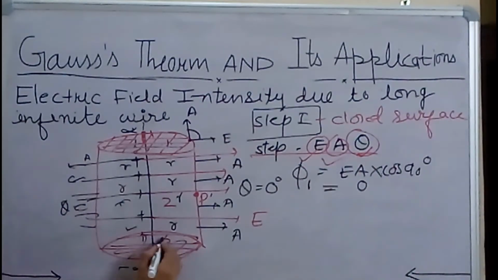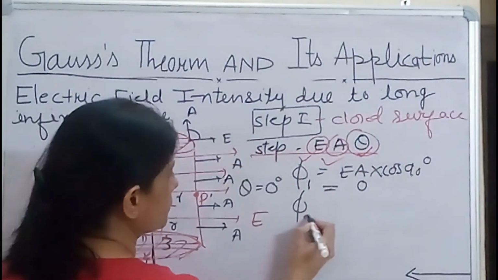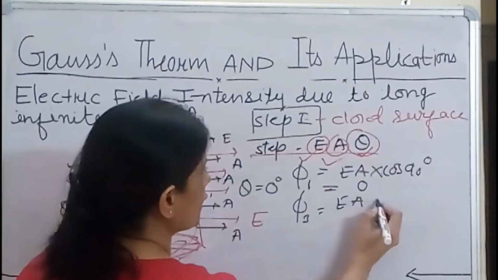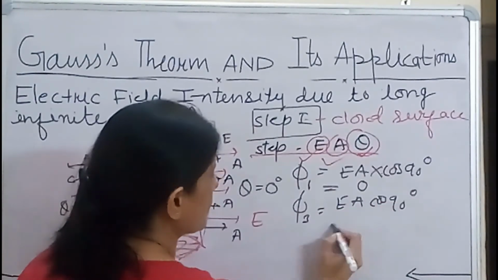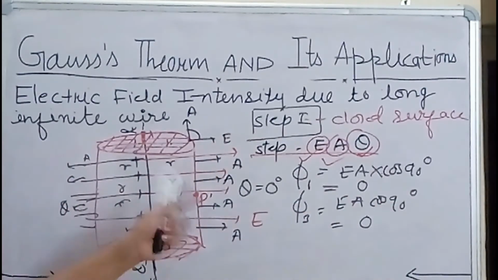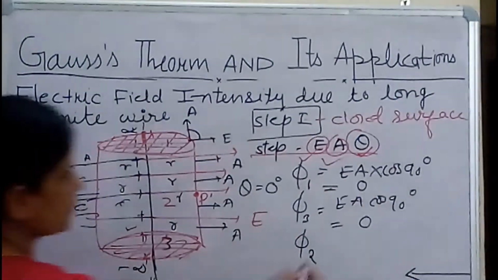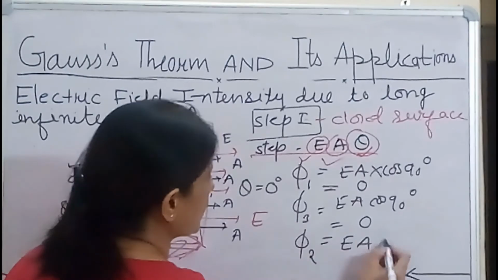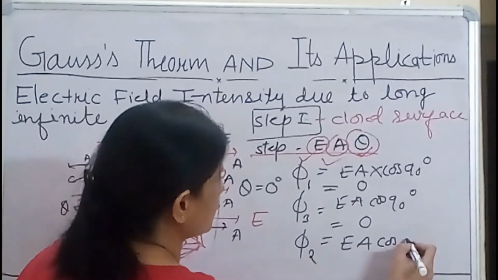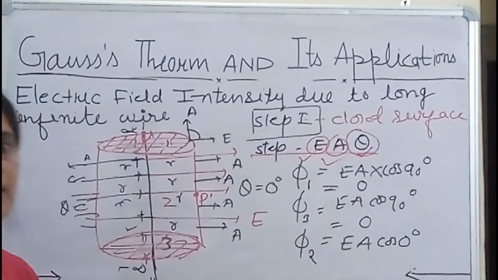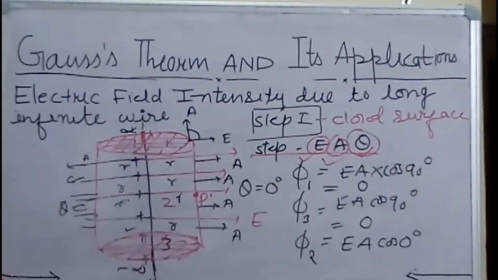Now come to the third surface. Phi 3 is E A cos 90, that is 0. Now Phi 2, the second surface, is E A cos 0. We'll calculate it. Step number 2 is done.